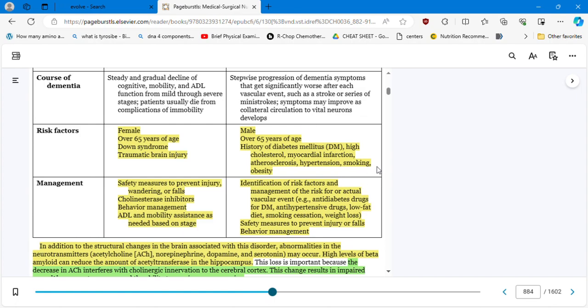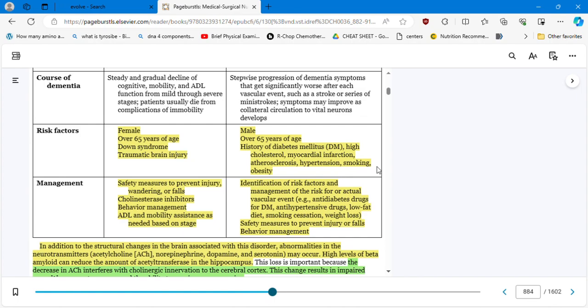Right there, if you are analyzing and you stop right there, you can see that these risk factors are giving us the opportunity to make a list for prevention. So we need to get better nutrition in order to lower our risk for hypercholesterolemia, to prevent diabetes, to prevent hypertension, we need to avoid smoking and obesity.